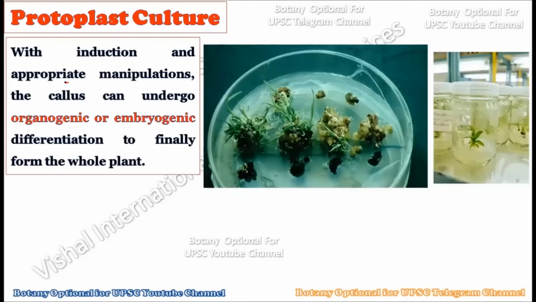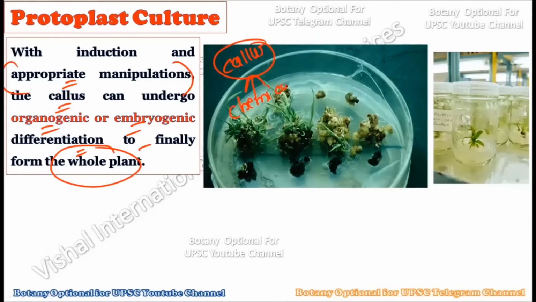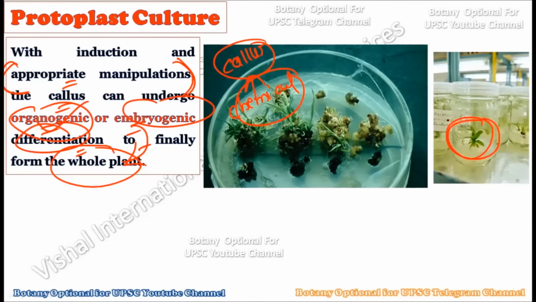Now with the induction of appropriate manipulation, the callus can undergo organogenic or embryogenic differentiation, finally to the whole plant. Once the callus is created in the osmotic free medium, by giving it appropriate manipulations, generally in the form of chemicals, we can change the ratio, as you know, the auxin cytokinin ratio can be changed to have organogenesis. With appropriate manipulations, the organogenic or embryogenic differentiation can occur, and after the differentiation this callus should get converted into a whole new plant.